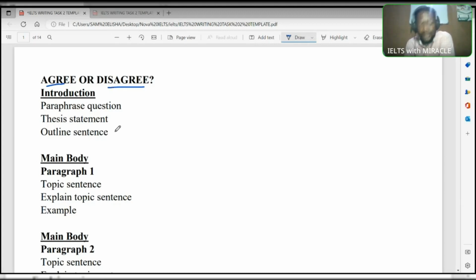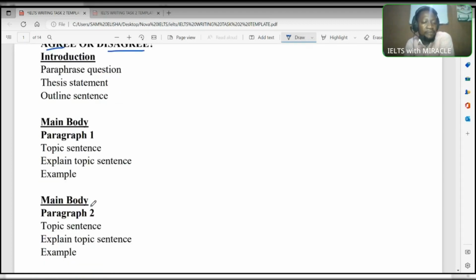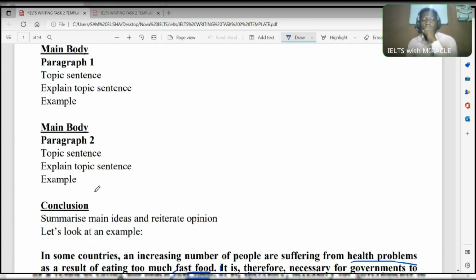Let's look at agree or disagree questions. Now, this is the structure for agree or disagree. You have your introduction, main body 1, main body 2, and the conclusion. Right?